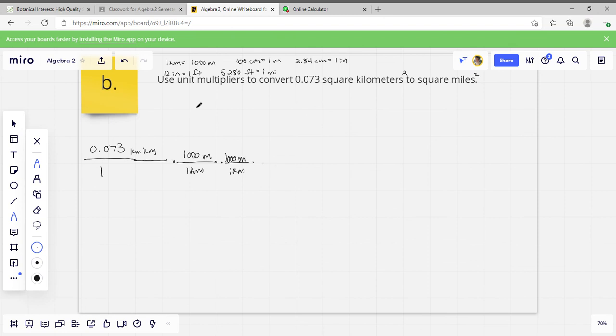And then I'm going to go from meters to centimeters. So 1 meter equals 100 centimeters. And do that again. And then I've got 2.54 centimeters is 1 inch. And do that again. And then 12 inches in 1 foot.